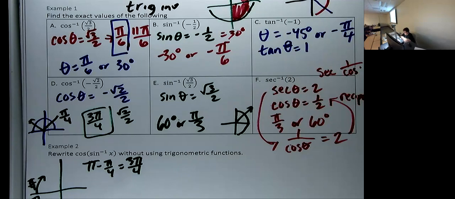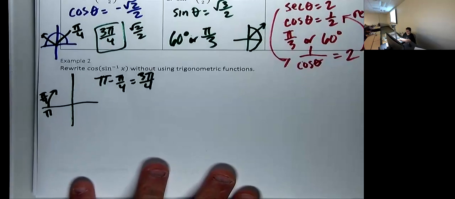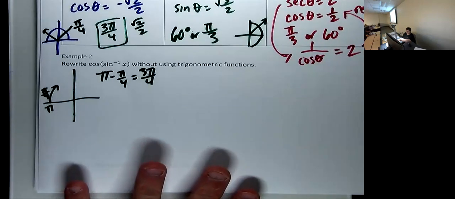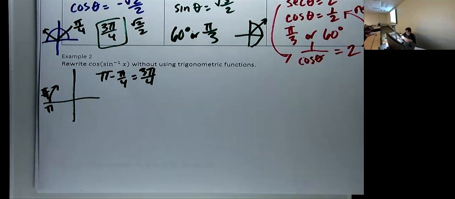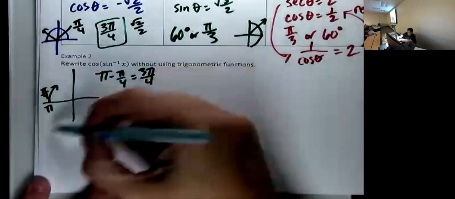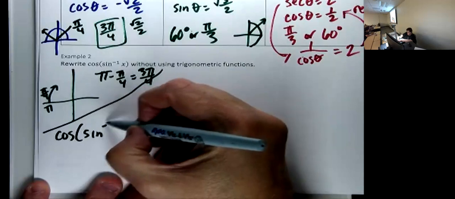All right, we're going to rewrite cosine of sine inverse of x without using trigonometric functions. So we have cosine of sine inverse x.